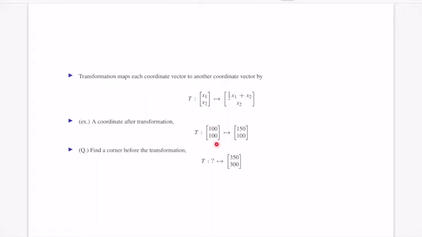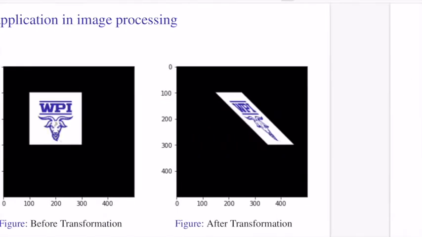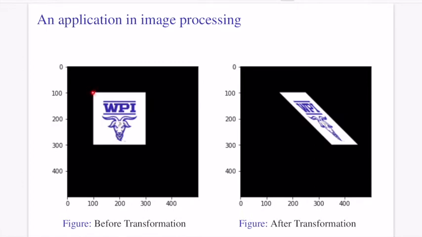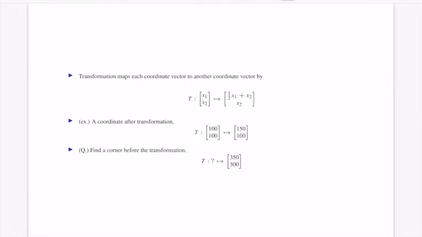For example, I took (100, 100) from the first picture, so this point. Look at its horizontal axis, the coordinate value is 100, and the vertical coordinate value is 100, so this corner. Then if you take this (100, 100) from the first picture, it will be transformed by the formula.